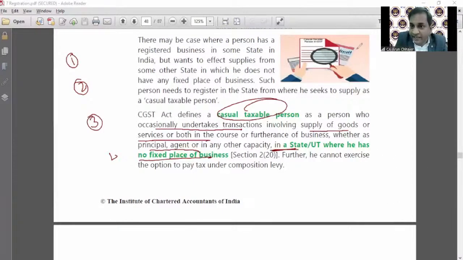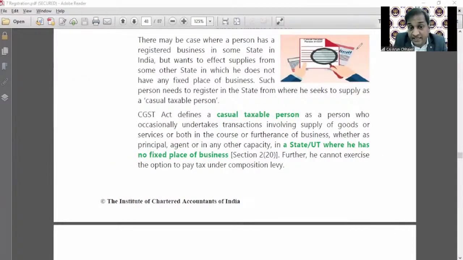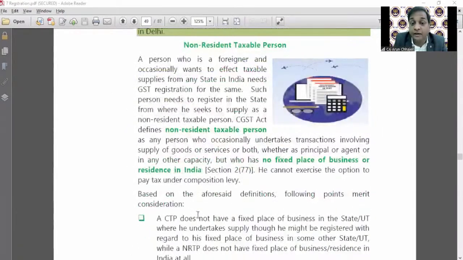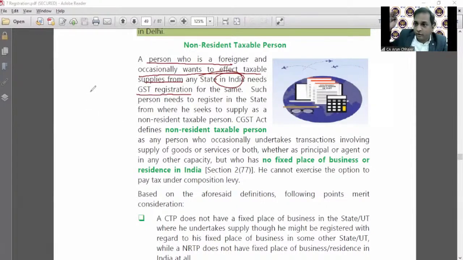Now let me explain the meaning of the non-resident taxable person category; both have the same provisions. A person who is a foreigner and occasionally wants to effect taxable supplies in India needs to take registration. Suppose Mr. John from the USA would like to come to India and make taxable supplies, and he does not have any fixed place of business.